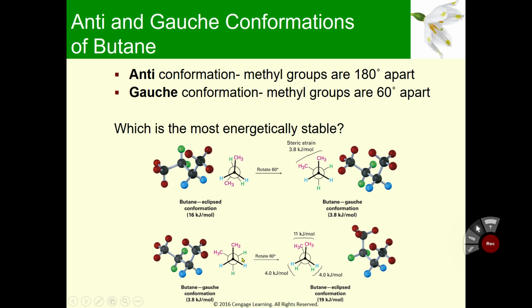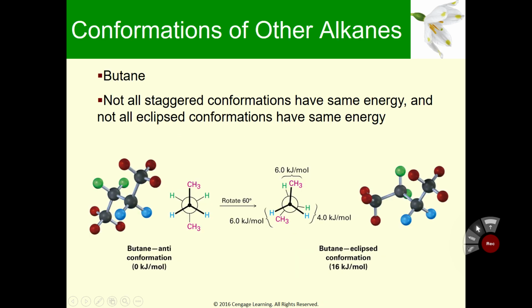Now, the energy of this compound will be 3.8 kilojoules. And let's rotate 60 degrees, then it will be like this. And we know the energy of this H-H eclipsing is 4 kilojoules, and this is also 4 kilojoules. But in this case, this is CH3 and H eclipsed, and that causes 6 kilojoules.